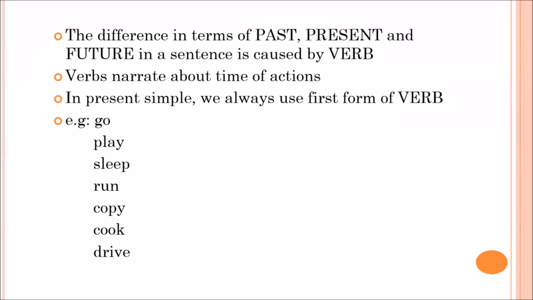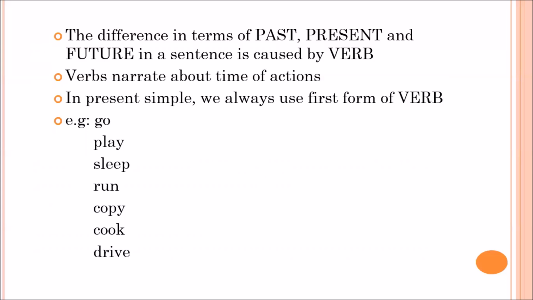The difference in terms of past, present, and future in a sentence is caused by the use of the verb, that is action. Verbs help us to know the time of action. And in present simple, we always use the first form of the verb. Students, you must have been learning your verb forms like first form, second form, third form, and fourth form. And in this particular tense, present simple, we only use the first form of the verb, like go, play, sleep, run, copy, cook, drive.